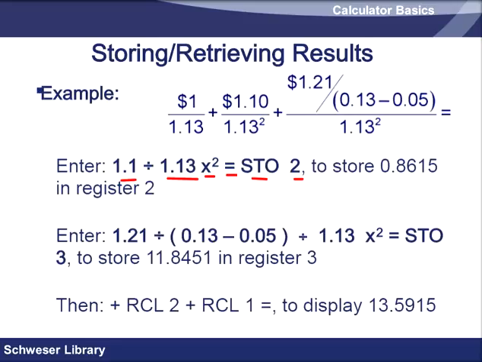Just as an aside, you notice that 1.21 divided by 0.13 minus 0.05? Another way to do that in chain mode is to do 0.13 minus 0.05, then hit equals, and get 0.08.